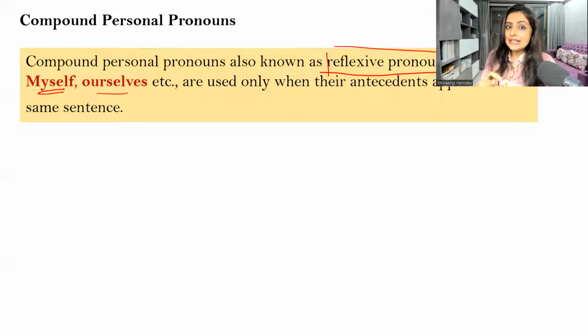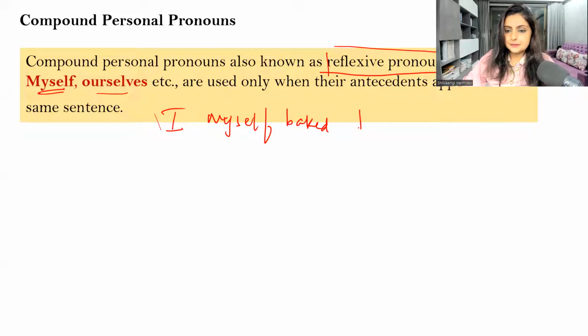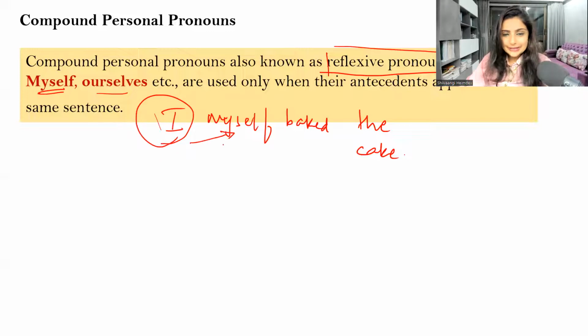Because I is the subject and myself is reflecting upon I. I myself baked the cake. What does this mean? That I is the subject and myself is reflecting upon the base I. So this is absolutely correct.